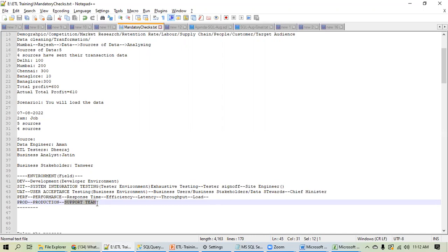Even that is not accepted. And if you have an audit in your project, that will be a big headache. So ideally, the development team should not be given access to the production environment. This is the reason. Any other question?